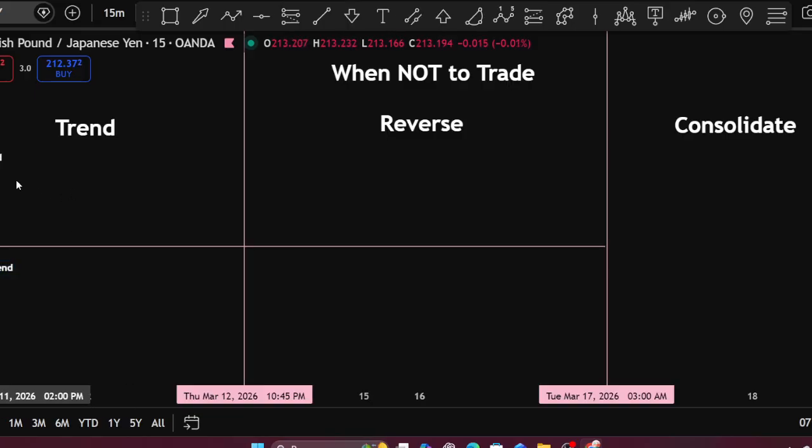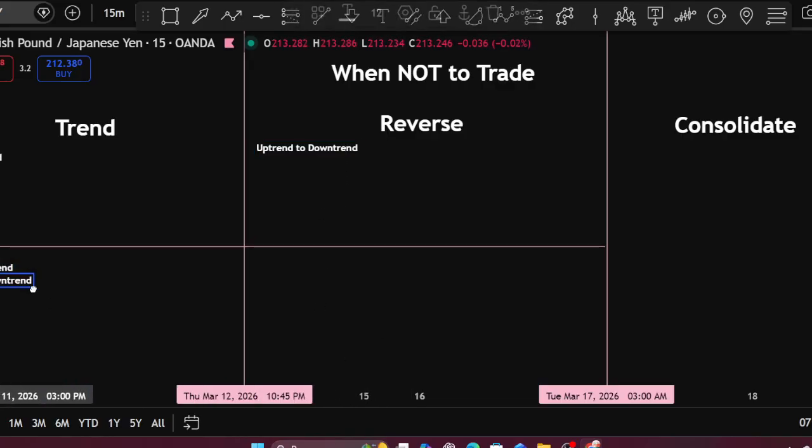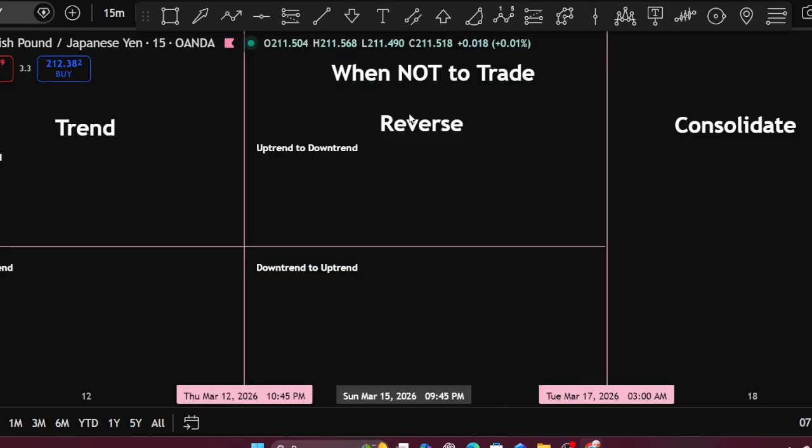And again, for the consolidation, it's only one move. And because this is a reversal, it's uptrend to downtrend, or downtrend to uptrend. All right.